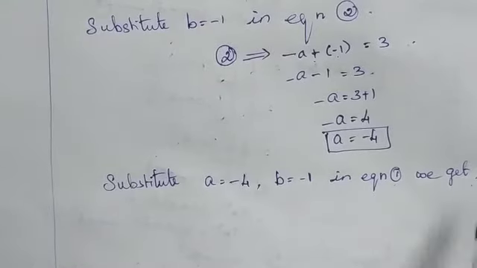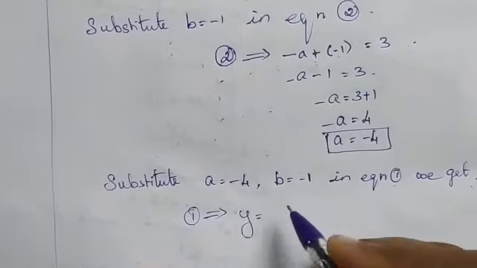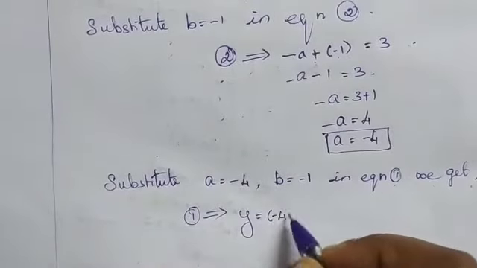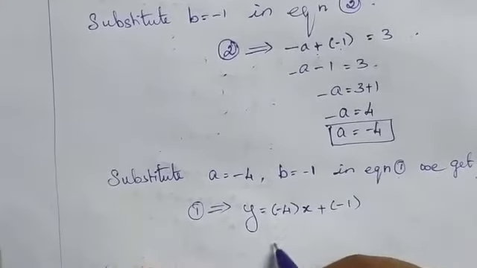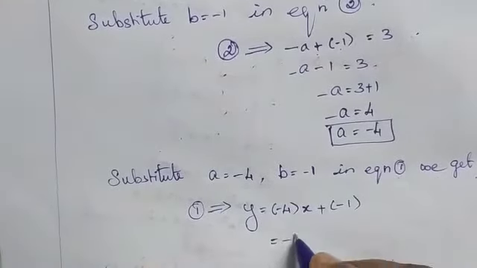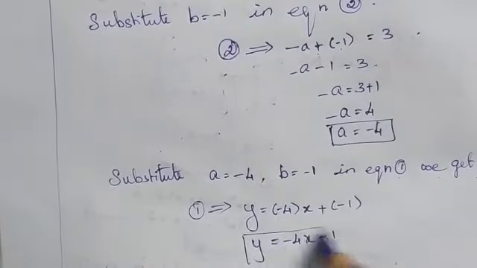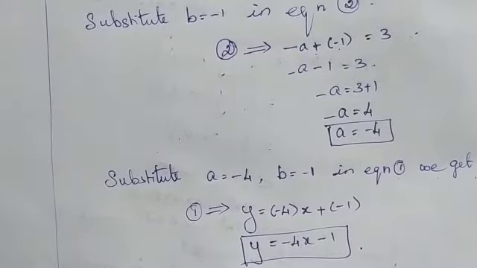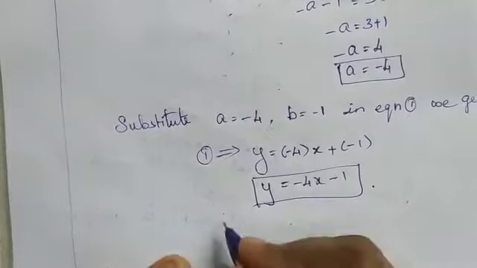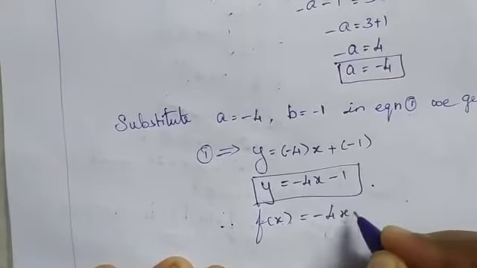We get y is equal to ax plus b, a is minus 4, b is minus 1. Now multiply minus 4 into x is minus 4x plus into minus 1. This is the linear function f of x. Therefore, f of x is equal to minus 4x minus 1.